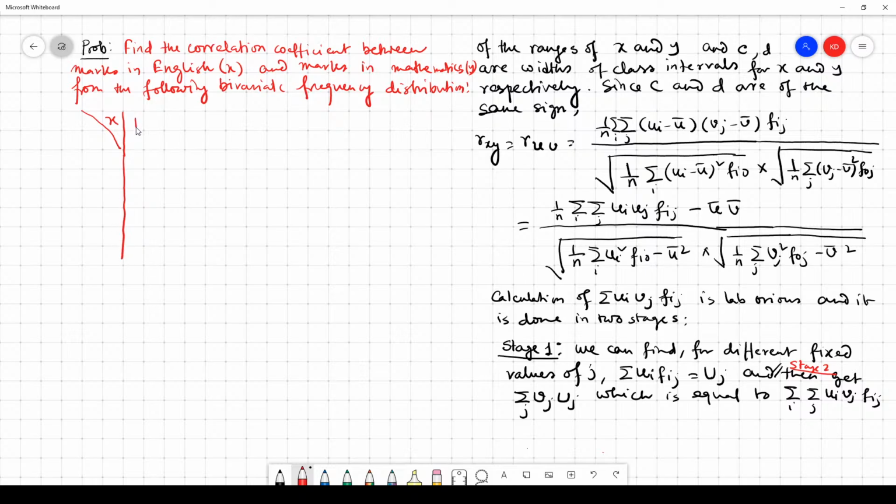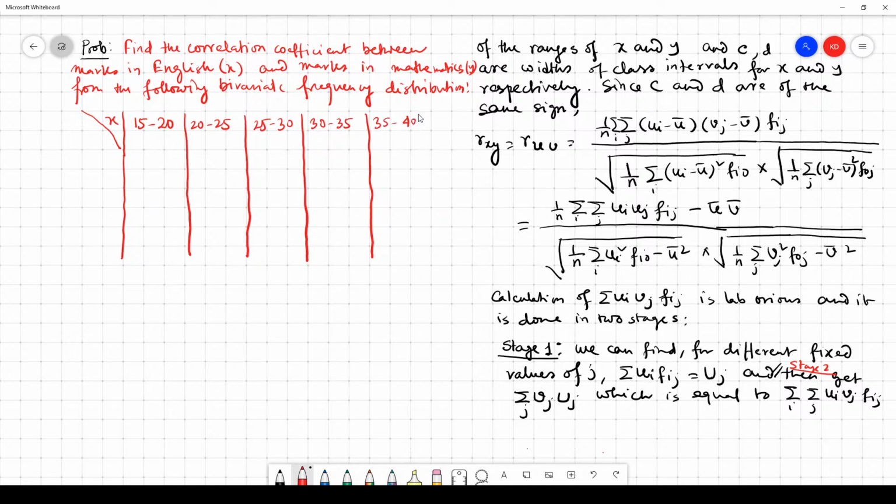This is the first class of x, 15 to 20, similarly 20 to 25, 25 to 30, 30 to 35, 35 to 40, and this is total.